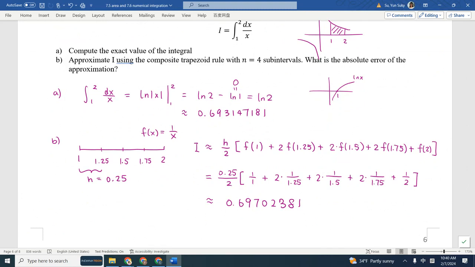Now our absolute error. Absolute error is the absolute value of the difference of the approximation and the true value.